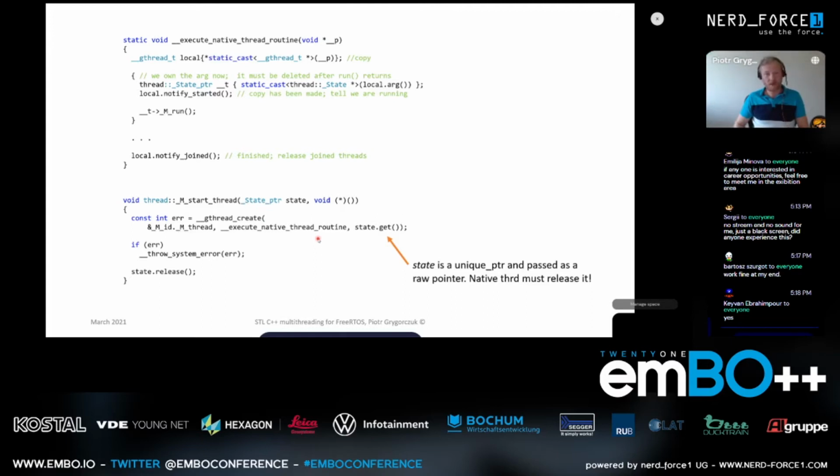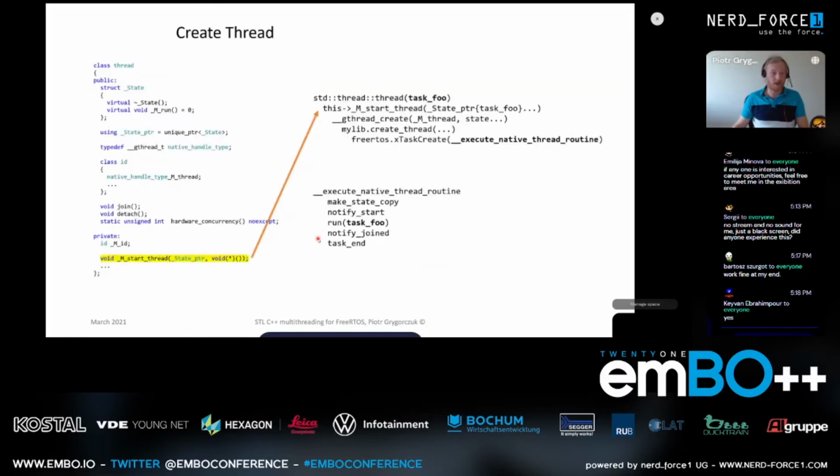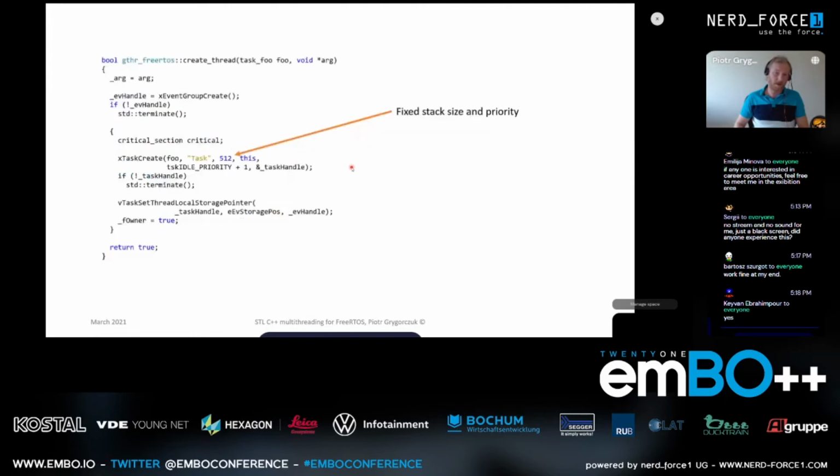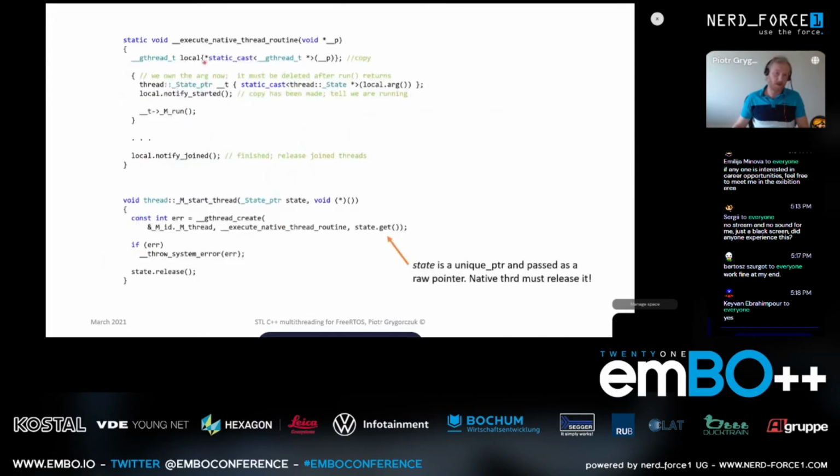Oh yeah, there's one thing I forgot to tell, so I go back two slides. So actually this task function is here, that's the state, which is the virtual function. So now if I go forward back to this native thread, you can see here that my local object is passed as an argument, and I make its copy.